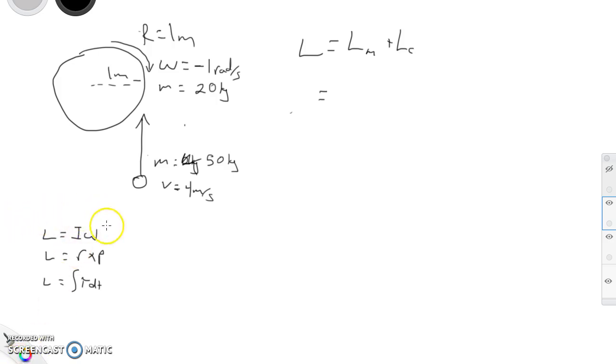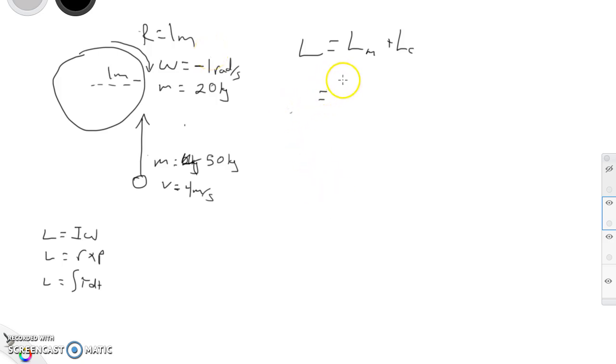We should use this first one here because it's a uniform object. Every piece on it is spinning at the same speed. It's moving in a negative direction, so we'd say it has a negative angular momentum. We could use that -1 for the velocity.